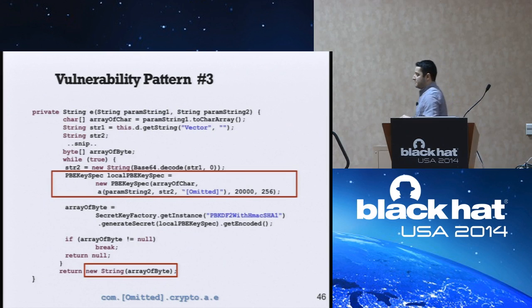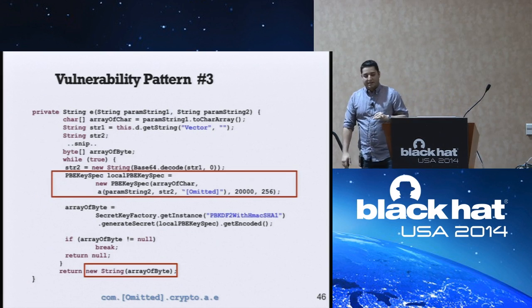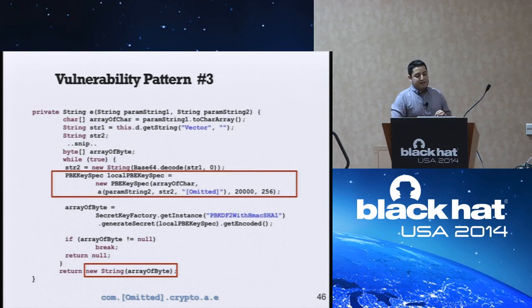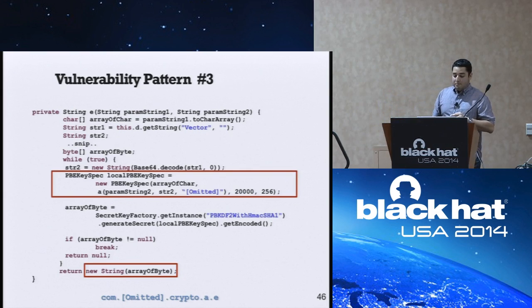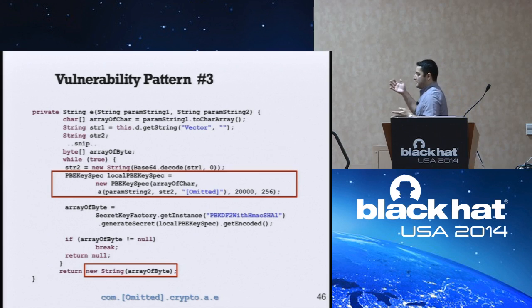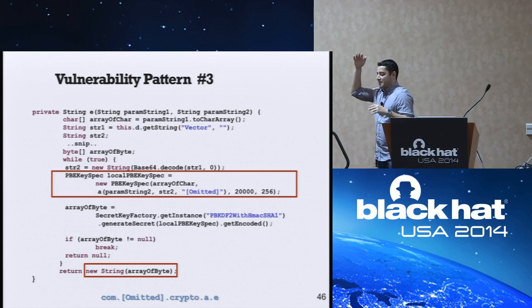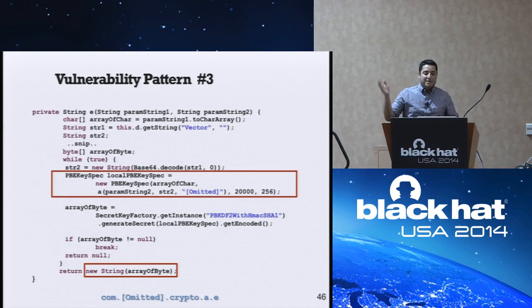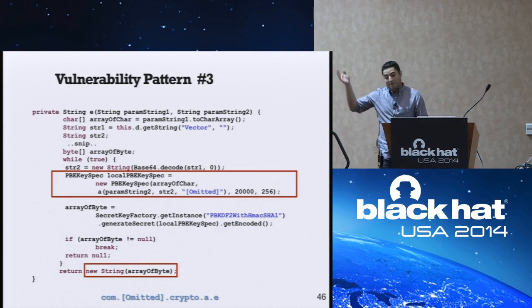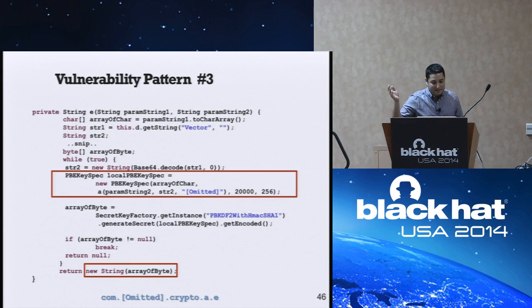So here's some code that we got from an obfuscated solution. The cool thing is, sure, you can obfuscate a lot of the custom code, but you're never going to be able to obfuscate the PBEKeySpec library, because that's built into Android. So if you're trying to figure out how to hit these sweet spots, there's a good chance they're going to be using this to derive an encryption key.